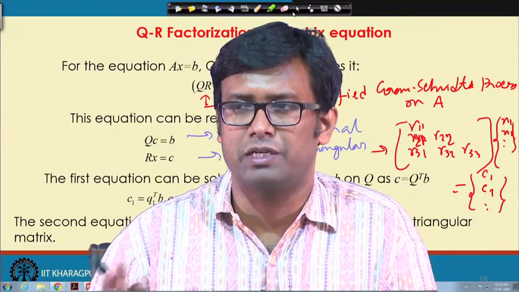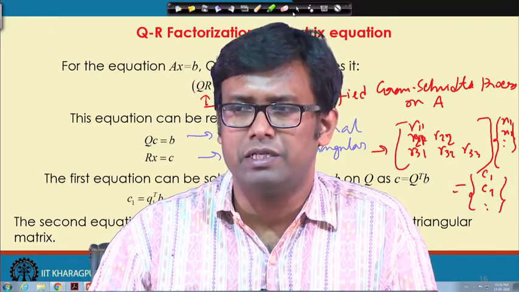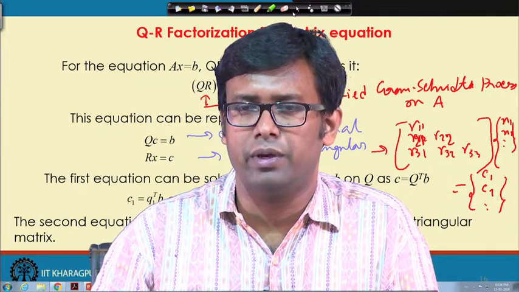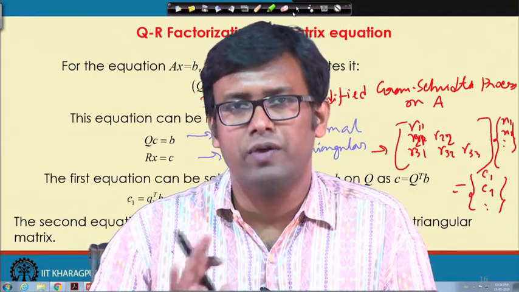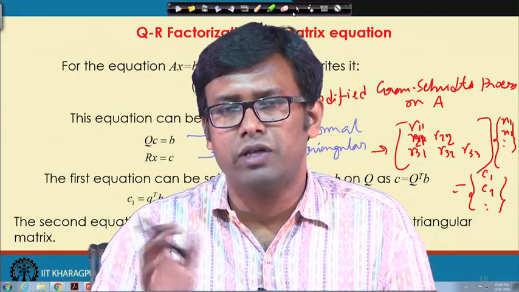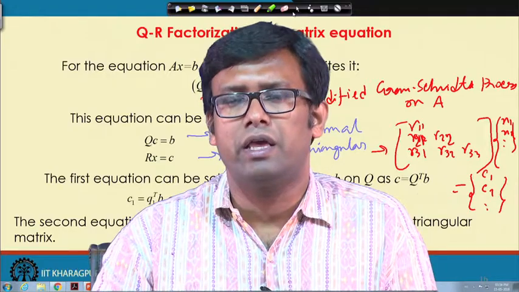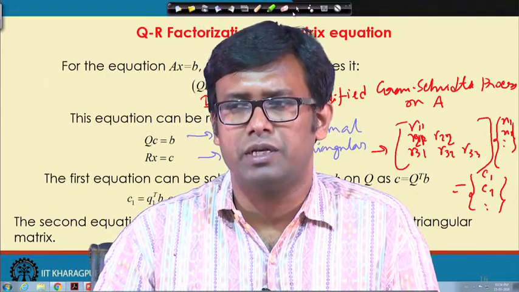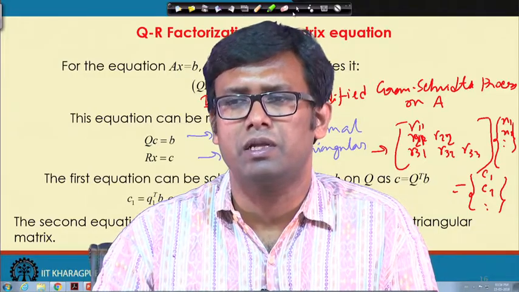TDM is restricted only to tridiagonal matrices, but for general purposes we have seen Gauss Jordan, Gauss elimination, and LU decomposition. Other than these, we can also use the QR decomposition method to solve an equation system, and the effort is probably simpler than Gauss elimination.